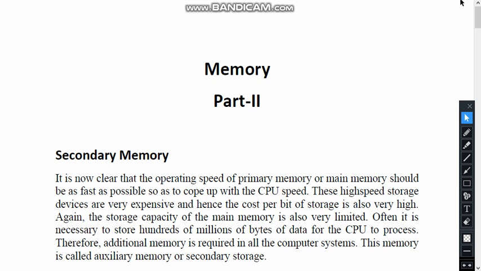In last class, I have already discussed about the primary memory, different types of primary memory, and the cache memory. In today's lecture, I am going to cover secondary memory, different types of secondary memory. Also, I will give some brief idea about the flash memory. So let's get started with the secondary memory.